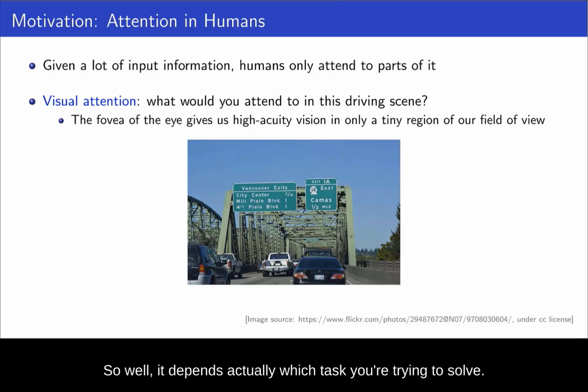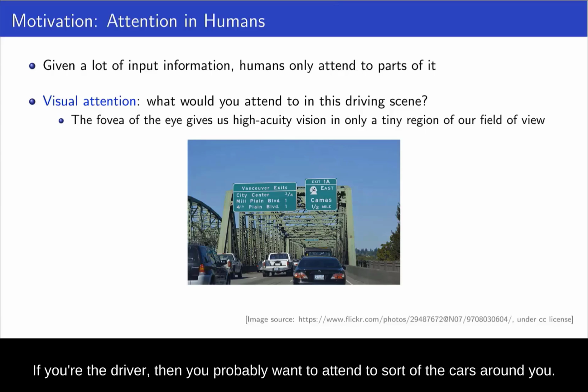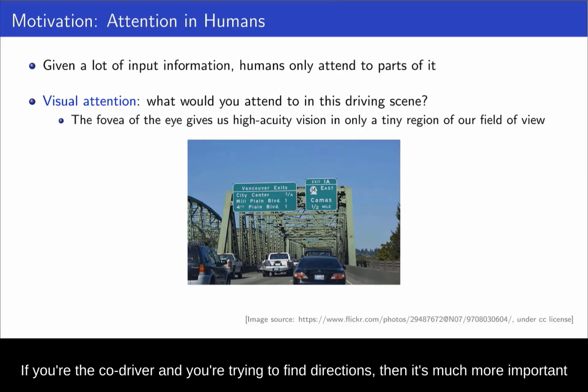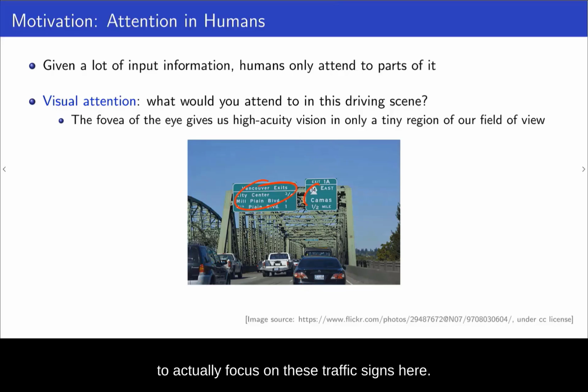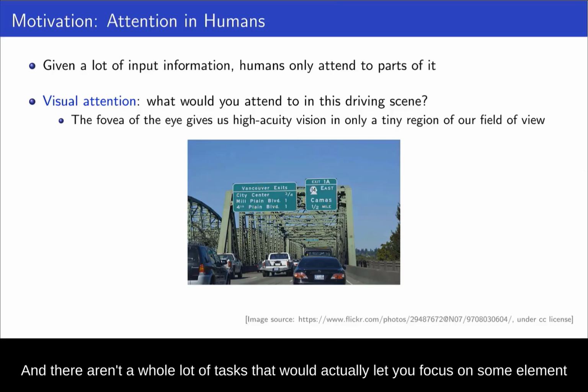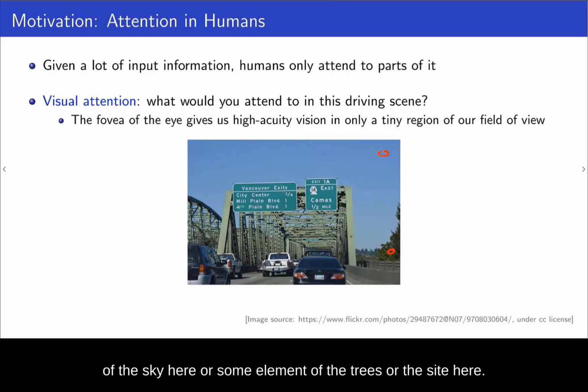Well, it depends actually which task you're trying to solve. If you're the driver, then you probably want to attend to the cars around you. If you're the co-driver and you're trying to find directions, then it's much more important to focus on these traffic signs here. And there aren't a whole lot of tasks that would let you focus on some element of the sky here, or some element of the trees, or the side here.